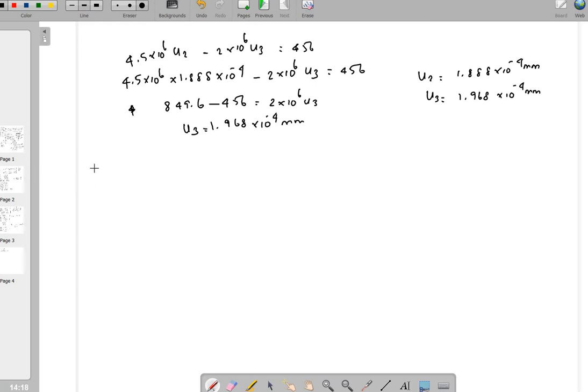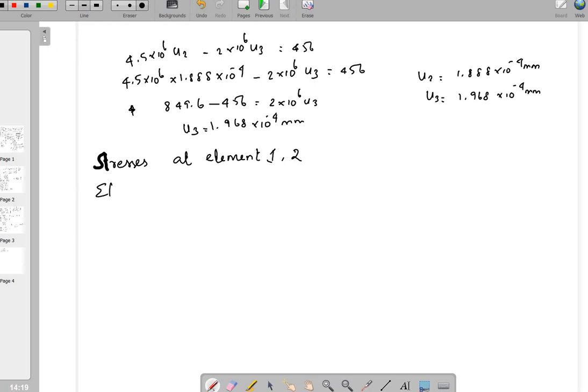Now the next step is to find the stresses in the elements. The displacement can be found at nodes, but the stresses are available at the elements, stresses at elements 1 and 2.